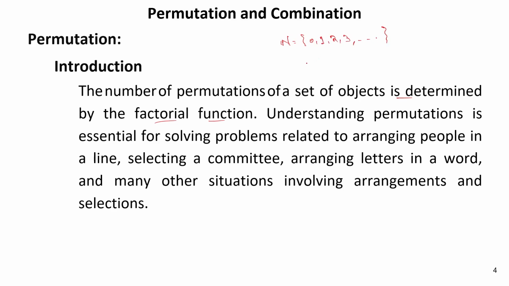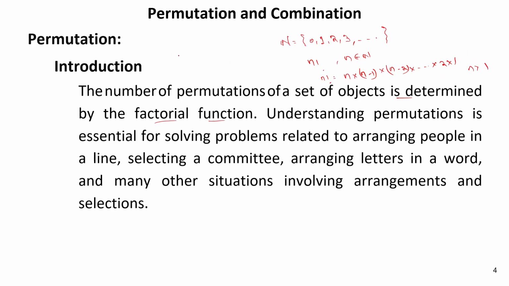So n factorial, where n belongs to the natural numbers, is n factorial equal to n into n minus 1 into n minus 2 and so on, multiplied by 2 into 1, such that n is greater than or equal to 1.